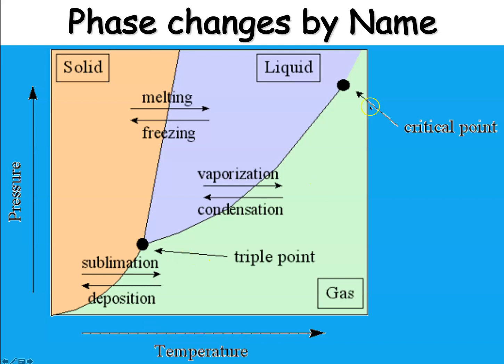And up here at the top right is our critical point. Notice the line stops. It does not extend past this point. Whatever this temperature is will equate to a pressure. That is the critical point. But anything beyond that temperature, see the whole green area on this graph, you cannot change it. It is a gas forever if the temperature remains above that point.